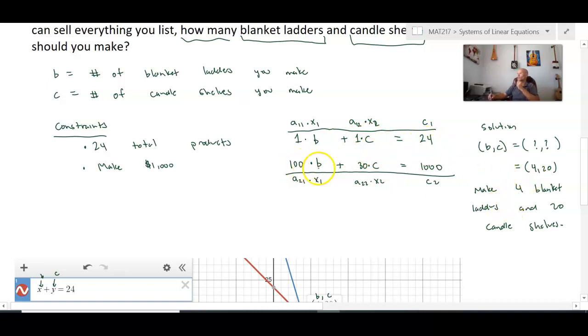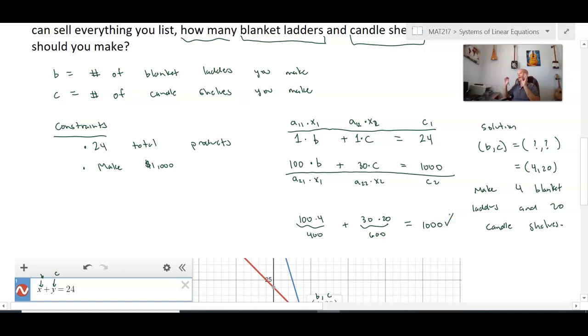And then 100 times 4 is 400. So I'll get $400 in revenue from the blanket ladders, plus 30 times 20, that's $600 in revenue from the candle shelves. And I can see that 400 plus 600 does indeed give me my $1,000 of income.